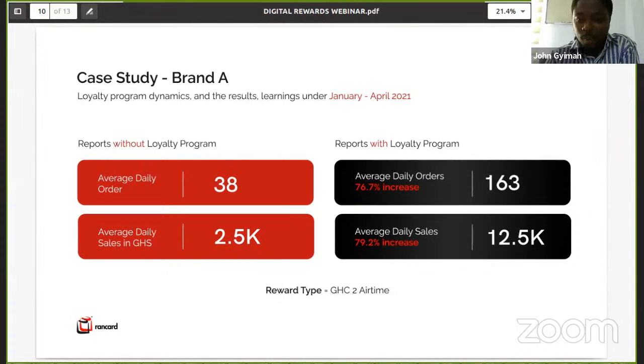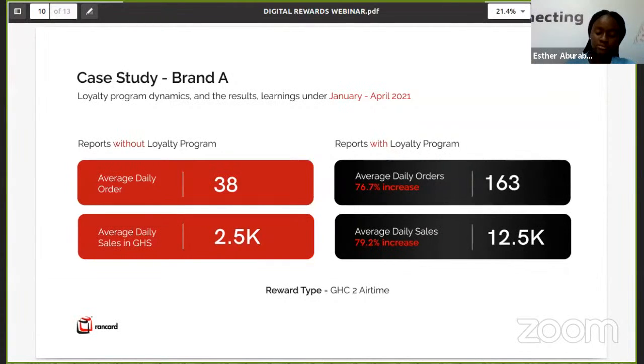All right, thank you, John, for the detailed walkthrough you gave us. As you said earlier, every brand has an objective they want to meet concerning a particular campaign. For the two case studies we are going to look at, the brand was new on Rankcard Commerce.